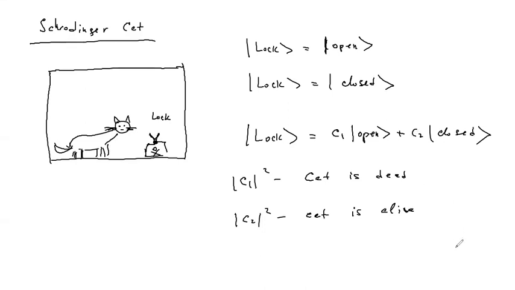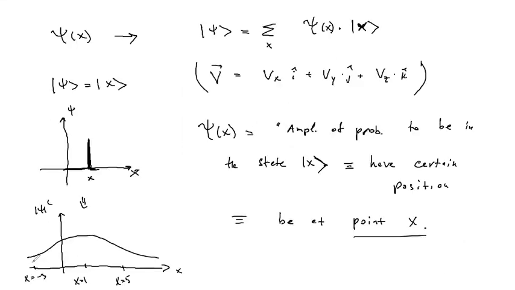Because from the very beginning, we were talking about probability to be at different points. We were talking about the wave function, and we started to talk about how to interpret this wave function: that this is a probability amplitude for particles to be in different positions. So this was just a case of a more general principle, the superposition principle.